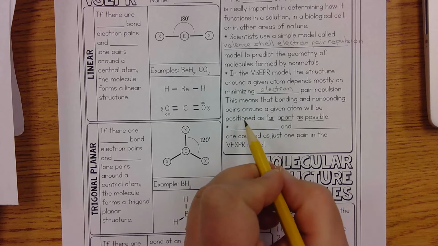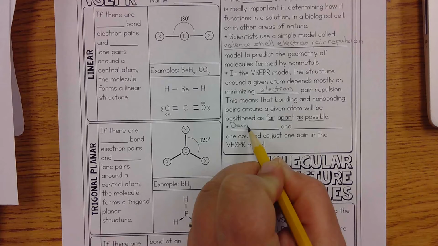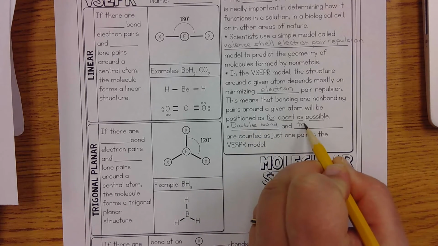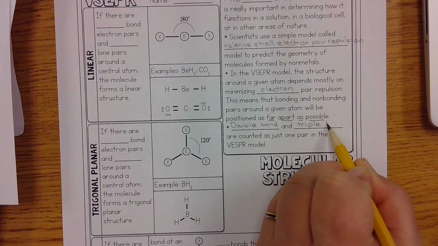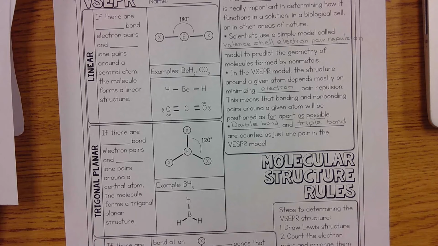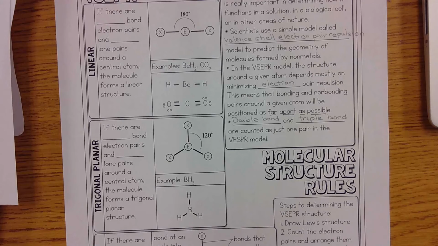Okay. And when we talk about this, double bonds and triple bonds are counted just like a single bond. There's no difference. If it's a double bond, triple bond, just single bond, doesn't matter. Bond electrons, they all work the same. Again, we said it was a simple model, right?